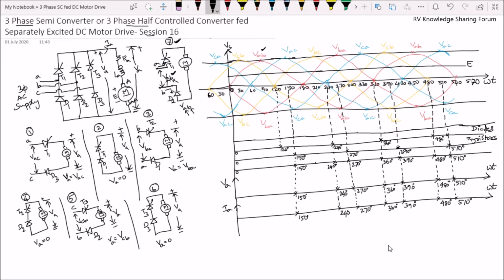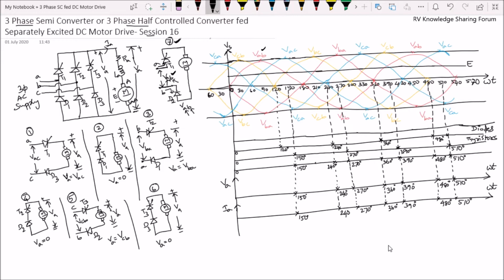First let us consider the forward biasing of the diodes, and find the angles at which the diodes get forward biased. Fundamentally, a diode gets forward biased at the angle at which its voltage is more positive.